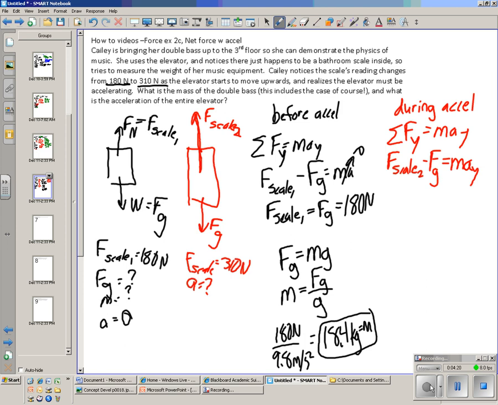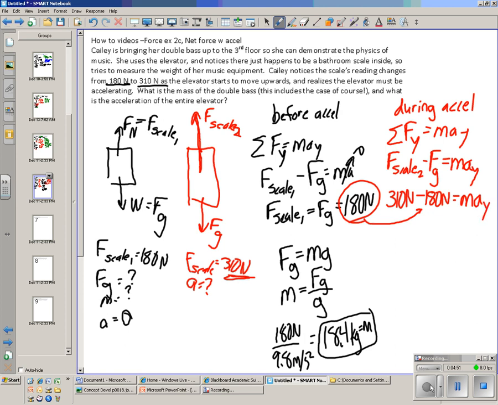Now you say, oh, I get to cancel everything out again. No. We know that the scale force is going to be 310 newtons. We knew that from over here. And we know that the gravitational force was what we just solved for earlier. So that's going to be minus 180 newtons. And that equals the mass times the acceleration on the y-axis.